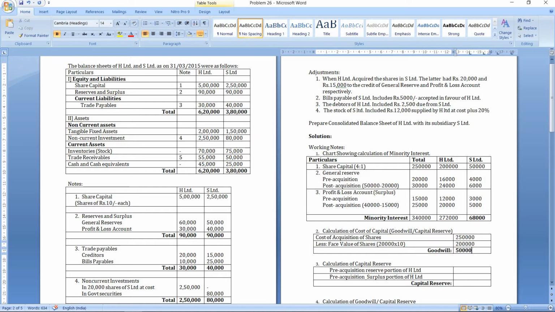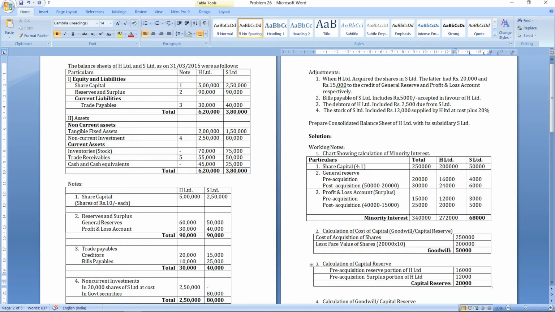Now the next step is to calculate capital reserve. For this we take the pre-acquisition reserve portion of H Limited and the pre-acquisition profit portion of H Limited. The pre-acquisition reserve portion of H Limited is 16,000 and the pre-acquisition surplus portion is 12,000. So the total is 28,000.